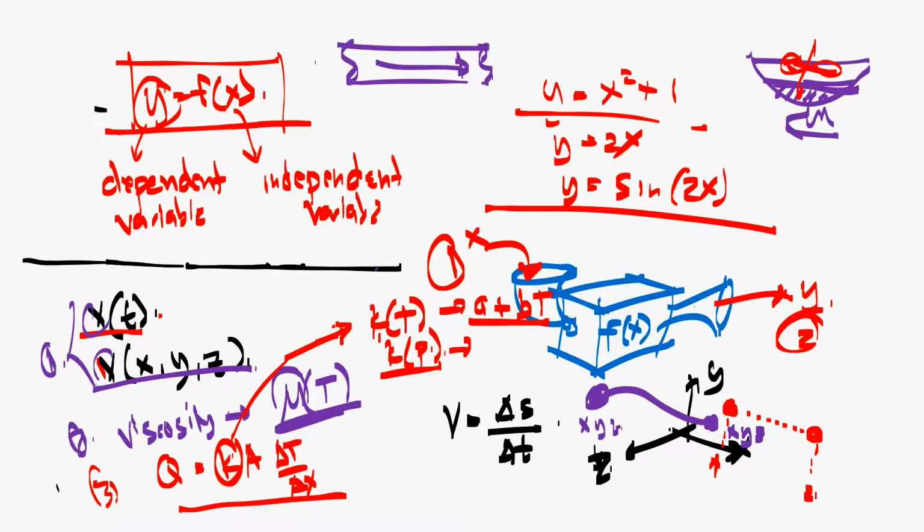So the value of k depends on the value of temperature, or it changes. It's a variable. Going back to our basic definition, this T is our independent variable.